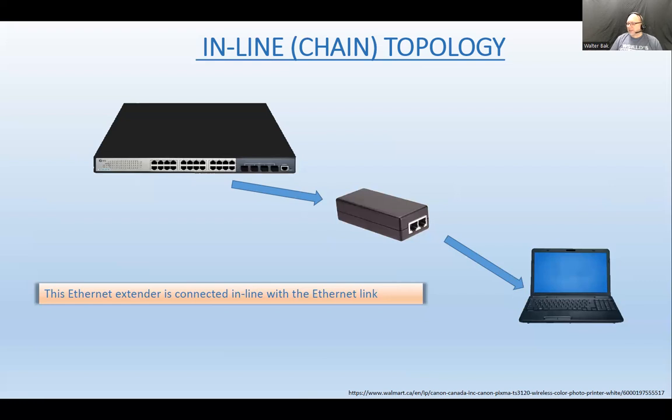So the speed is not the most important thing. But you have the distance between the switch and wherever the cash register is that's way longer than 300 feet, and you still need to have this thing connected. Well, you would connect something that's called the Ethernet extender.